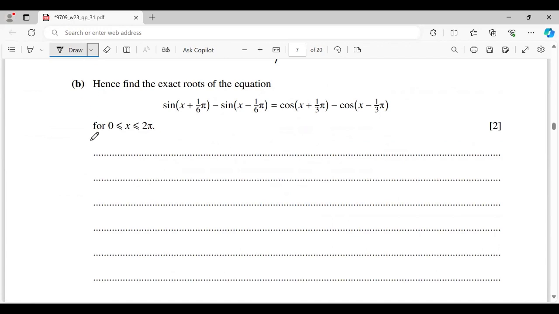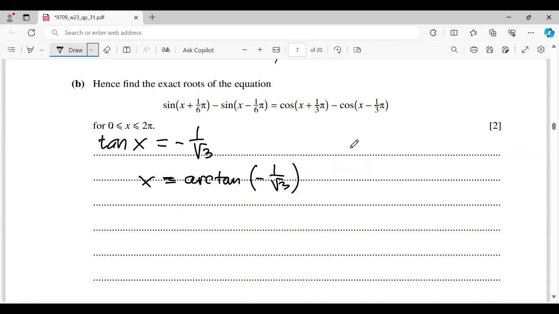So, if tangent x equals minus 1 over square root 3, so x equals arctangent of minus 1 over square root 3.